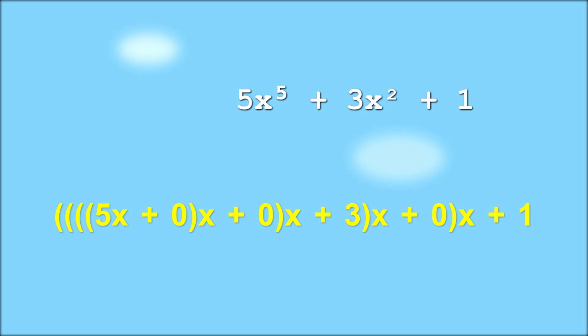I think the beauty of this method of evaluating a polynomial is that you don't have to compute powers of x separately. We look at which parts of the equation need a lot of work, and these are the ones with the high powers.